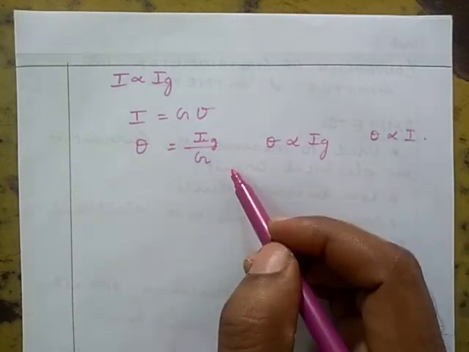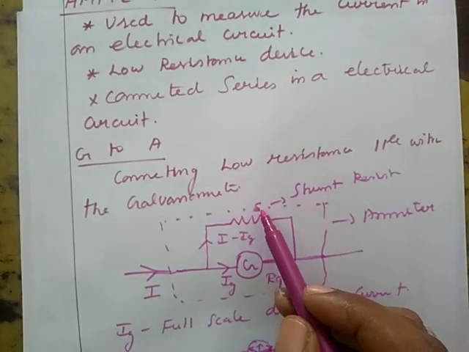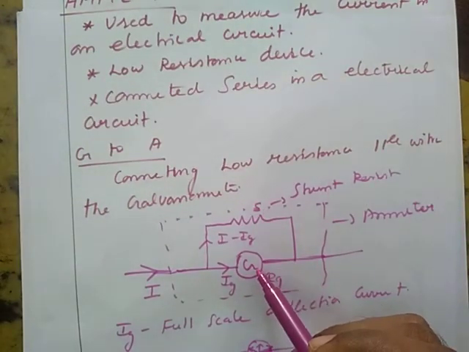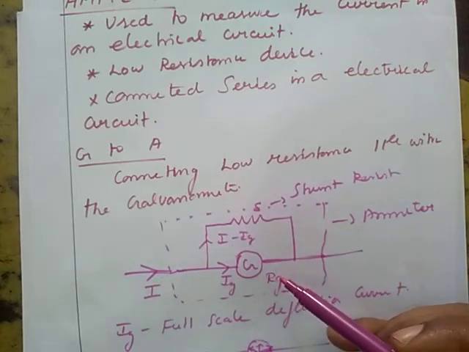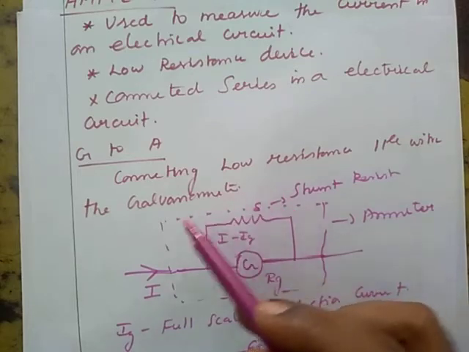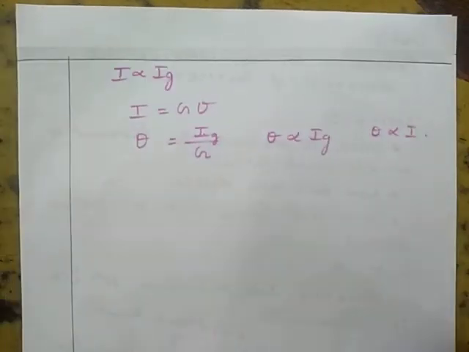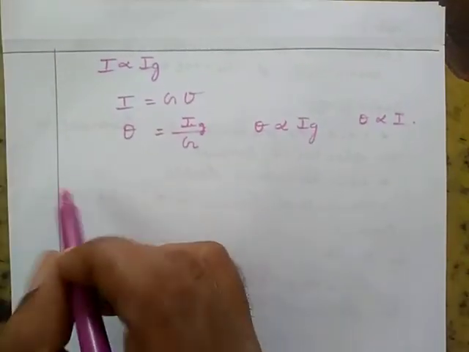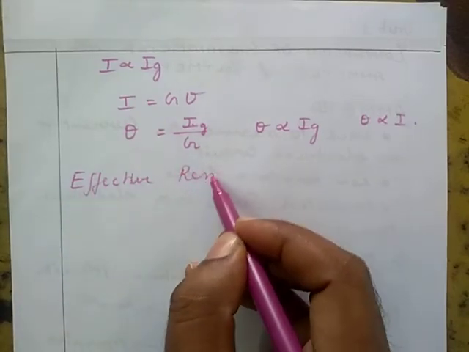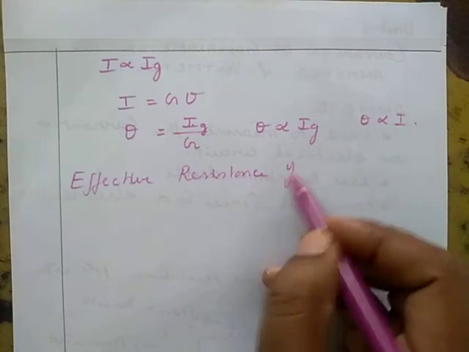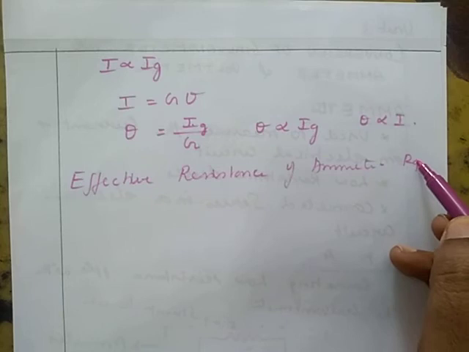Here the resistance S is connected in parallel to the galvanometer. So for this case, it is a parallel connection. We will find the effective resistance of this combination, the effective resistance of the ammeter, that is represented as Ra.